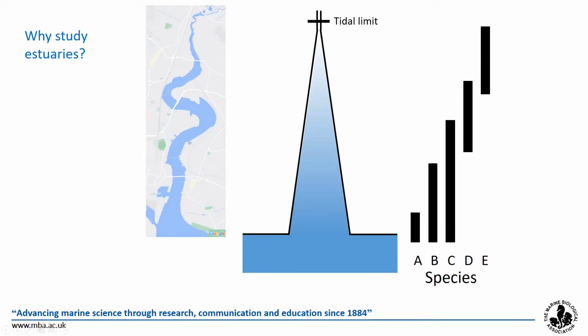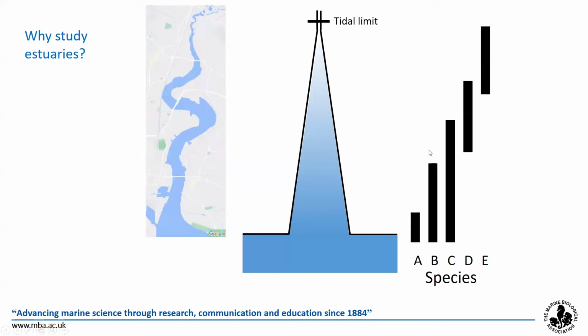One group of species, A, B, and C, are species which penetrate from the open sea, so they occur at full salinity or something close to it, and they then penetrate up the estuary, and we can envisage the different species penetrate to differing degrees. So A just goes a short distance up the estuary, C goes halfway up, shall we say.